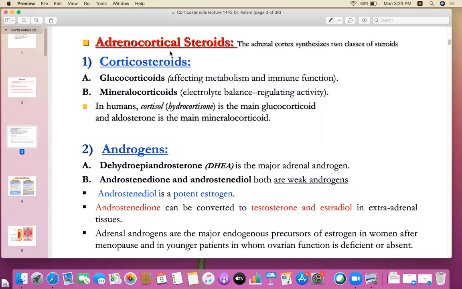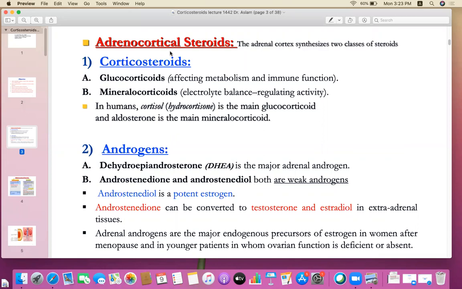These corticosteroids are also subcategorized into two classes: glucocorticoids and mineralocorticoids. As per the name, gluco, what does it indicate? Gluco is near to glucose.